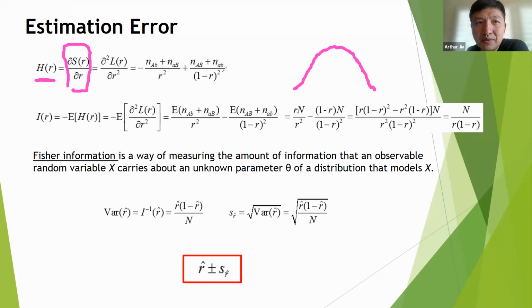The first derivative, the score function, tries to find the position where this curve has a zero slope. And the second derivative, the H function, tries to see how fast this slope can change. So let me show you an example here.